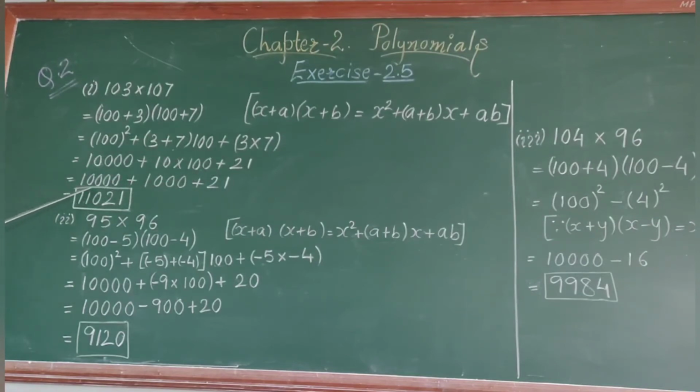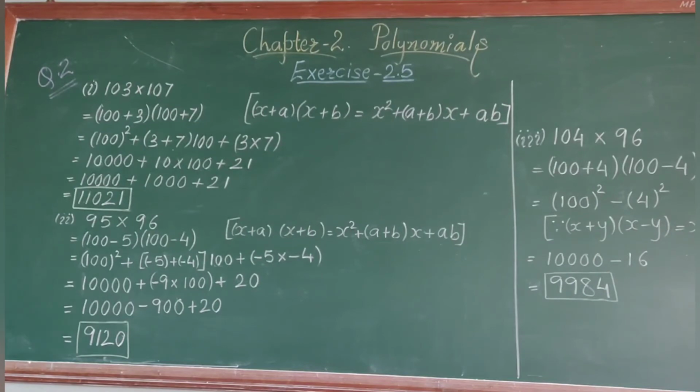That is equal to 10,000 plus 10 into 100, again we get 1,000 plus 21. That is equal to 11,021. So the product of 103 into 107 is 11,021.